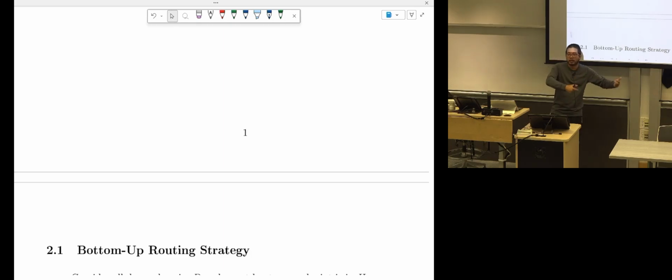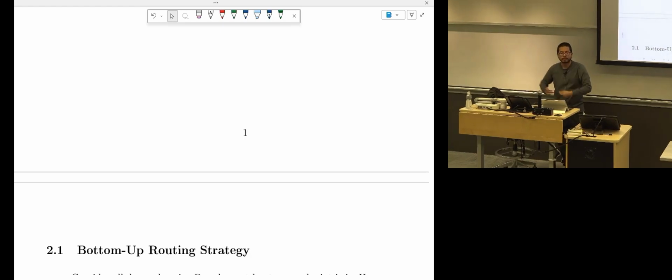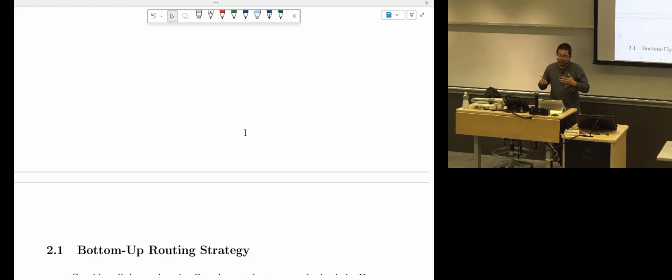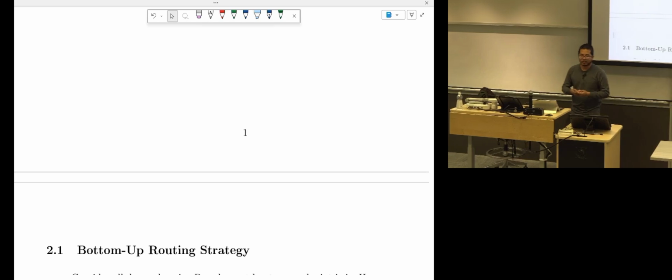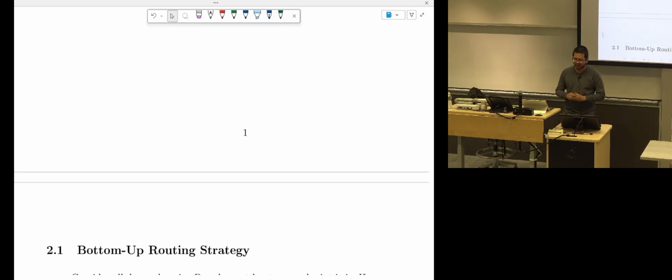We now try to show how to route it in G, and we do it in a bottom-up way, similar to how we built the tree flow sparsifier based on the hierarchy.